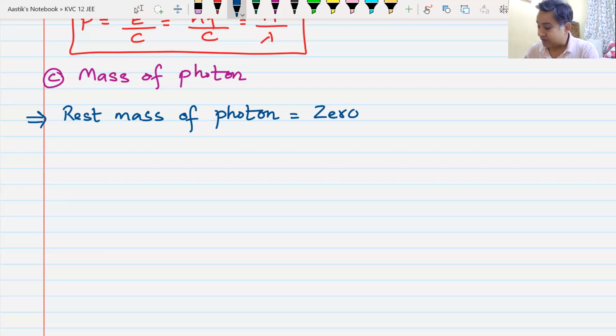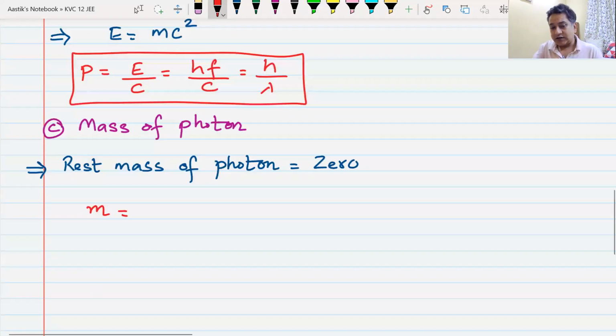I've already given you the 3 equations. From those 3 equations, since you know that is momentum, you can divide it by c, and you will end up with the mass of the photon. Let me just divide all the 3 equations here in yellow.